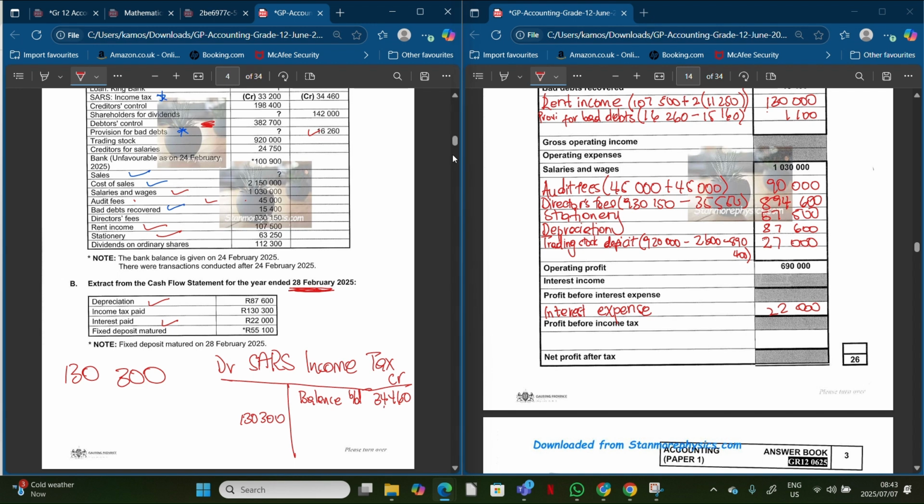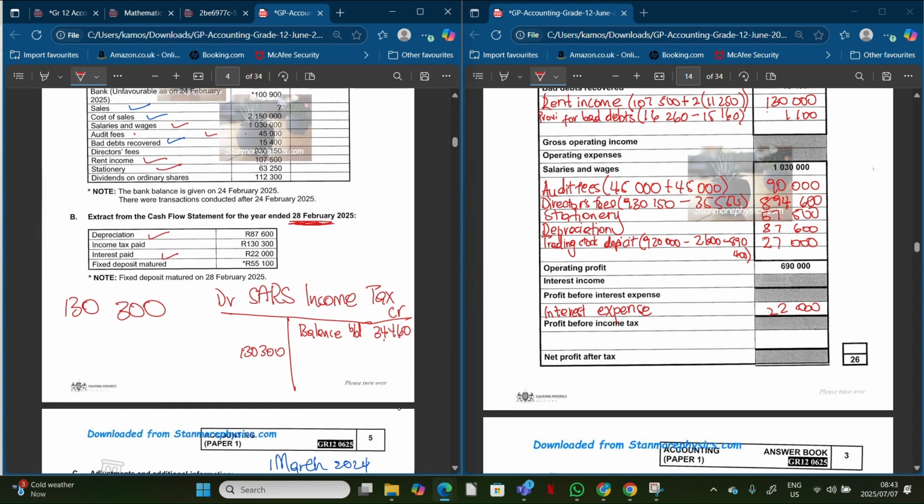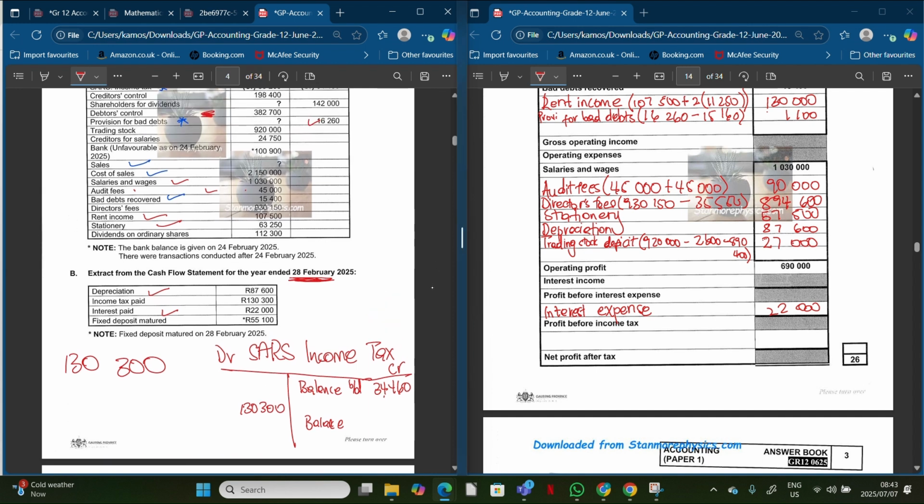We paid 130,300, right? And the balance at the end was a credit. It was a credit of, let me just check the amount again, 33,200.